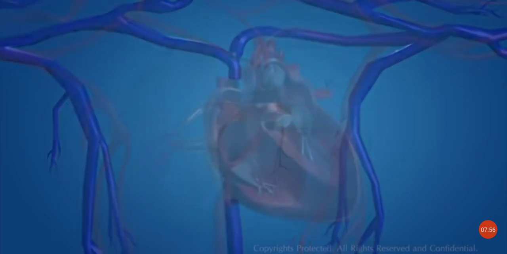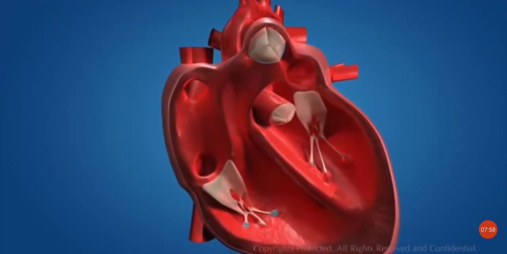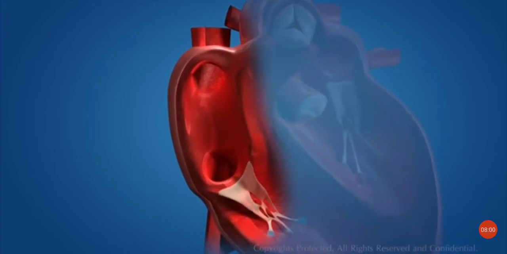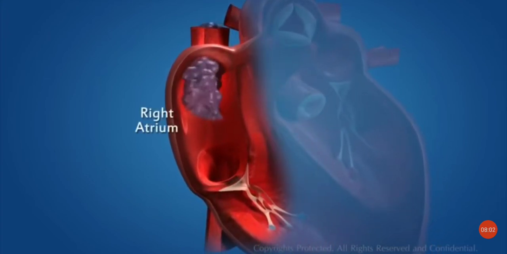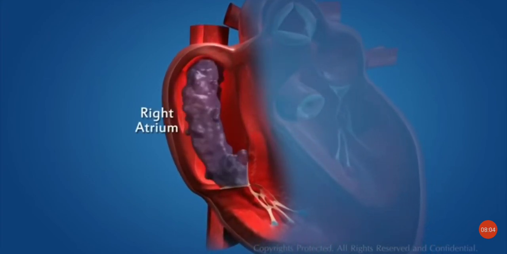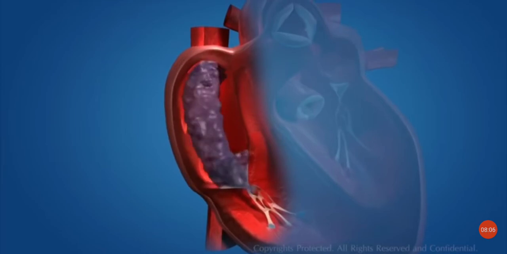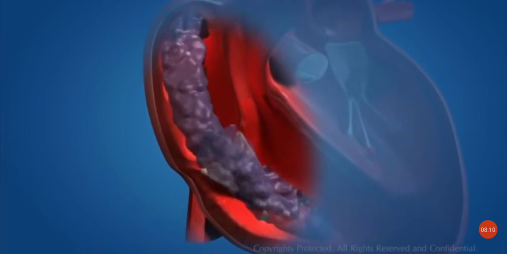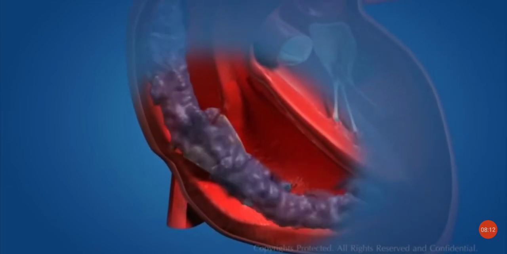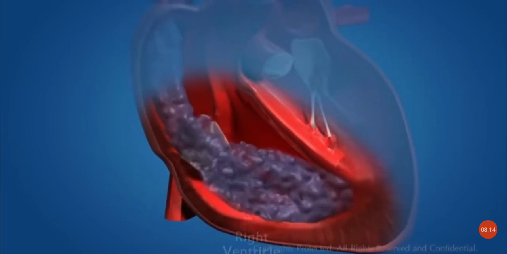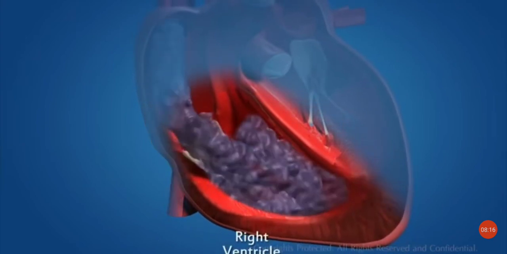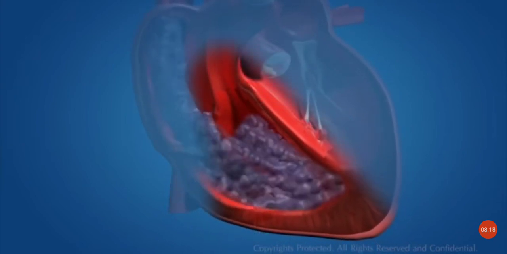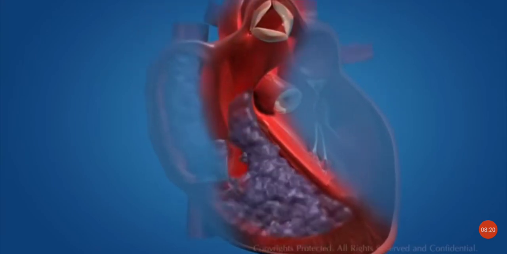The deoxygenated blood from different parts of the body enters the upper right chamber of the heart, which is called the right atrium. The right atrium contracts, allowing the blood to flow into the right ventricle through the one-way valve. The right ventricle then contracts, pushing the blood into the pulmonary artery.